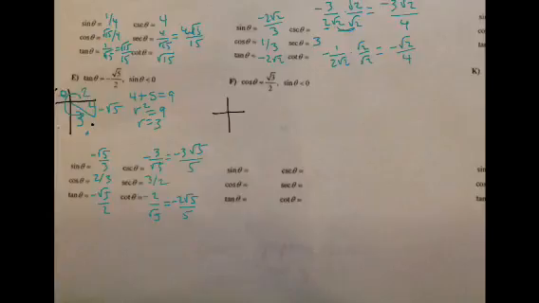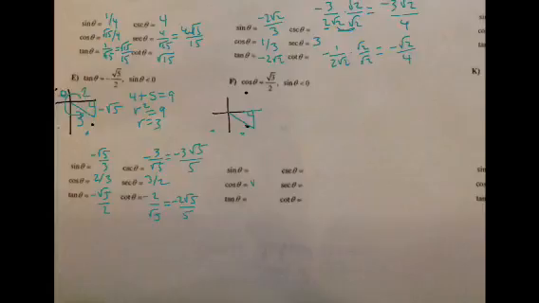Cosine is positive in quadrants 1 and 4. Sine is negative in quadrants 3 and 4. So the angle's in quadrant 4. And actually, cosine being radical 3 over 2, I don't even have to draw the triangle because that's a ratio for a special angle.